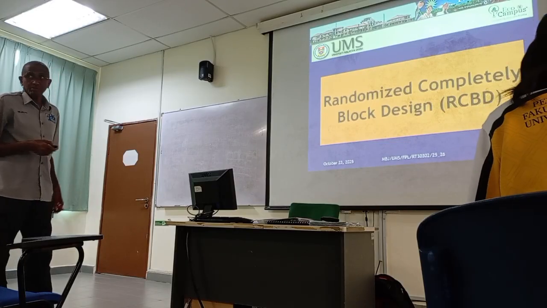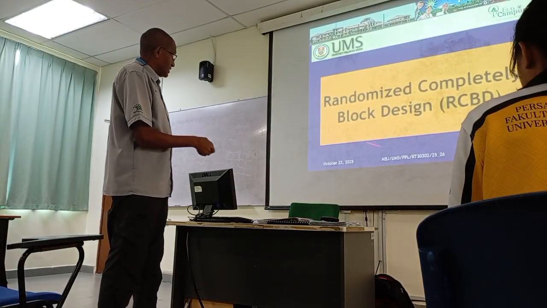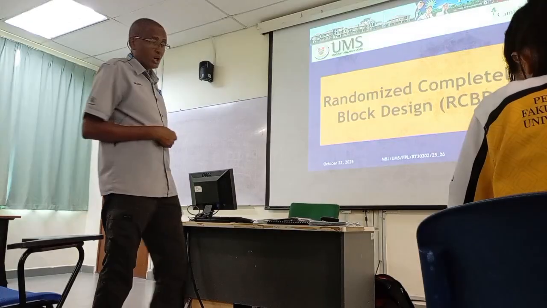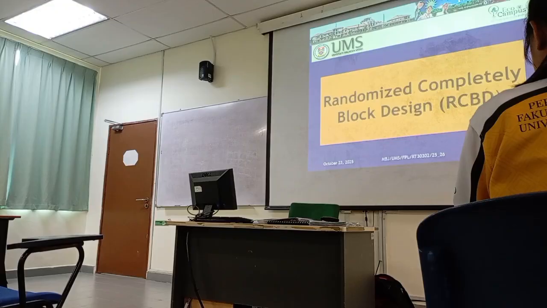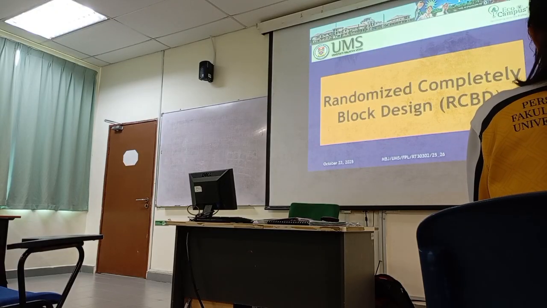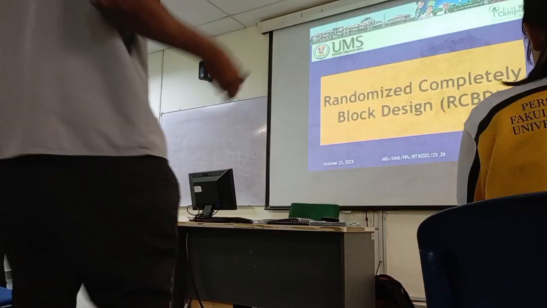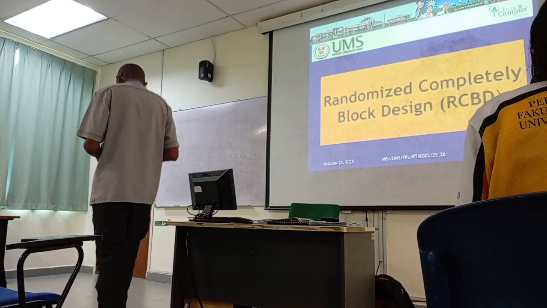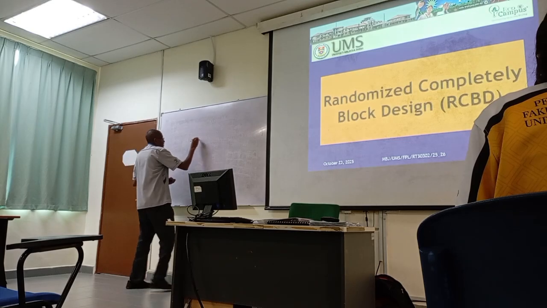You have to randomize completely, but we need one more thing here. We include what we call a block. Why do we block? Because of certain reasons. We want to minimize the variation between the treatments. Block.